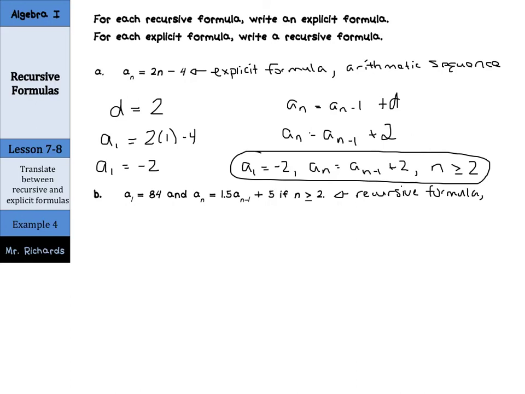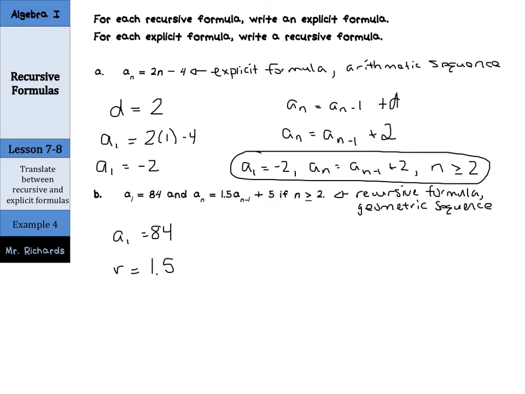That is a geometric sequence. And so there needs to be certain information that we pull out of here. Our first term is 84. Our common ratio is 1.5.